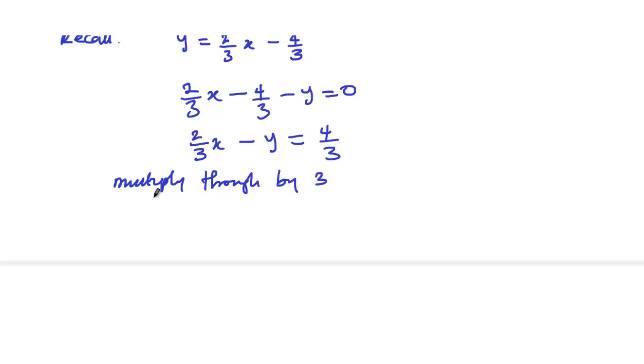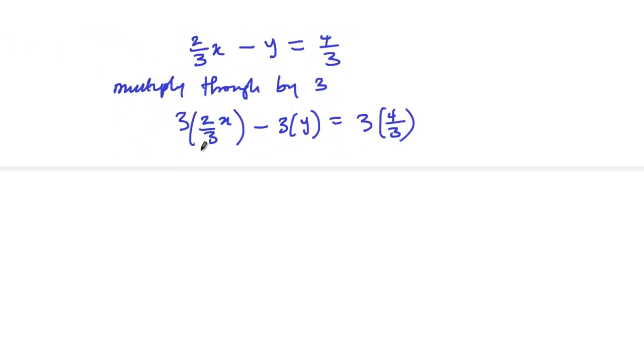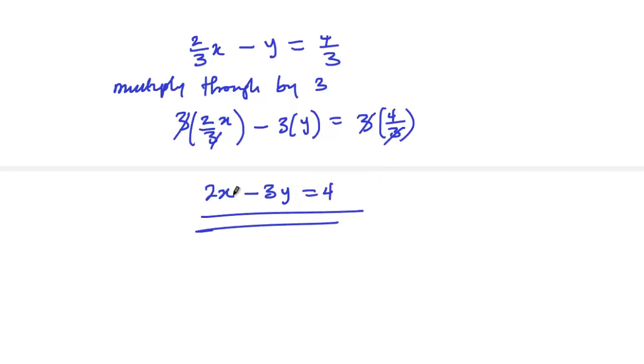So if I multiply through by 3, I have 3 into bracket 2 over 3x, minus 3 into bracket y, is equal to 3 into bracket 4 over 3. So by multiplying through by 3, 3 cancels 3, so I have 2x here. Then minus 3 times y, that's minus 3y. Then 3 also cancels 3 here, is equal to 4. So this is the standard form.